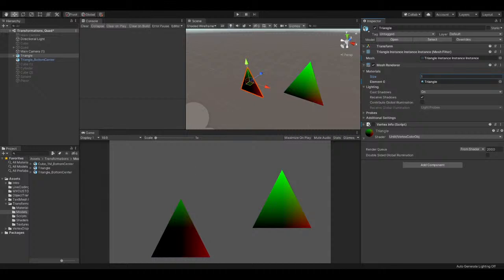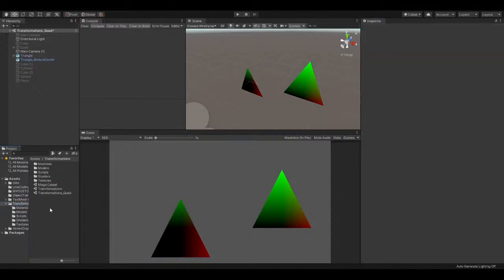Okay, so guys, if you want to quickly code this, well and good, it's very simple. Let's start off with this. I'm just going to create a new folder called, let's say, live coding. Let's start off with creating a shader which is called an unlit shader, and I'm going to say vertex info.